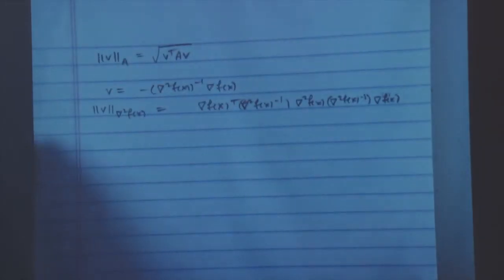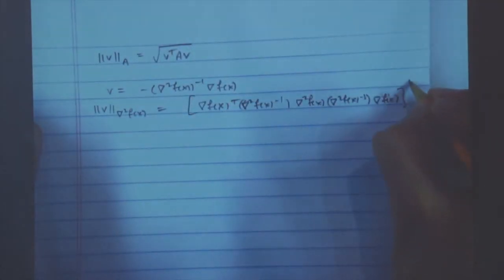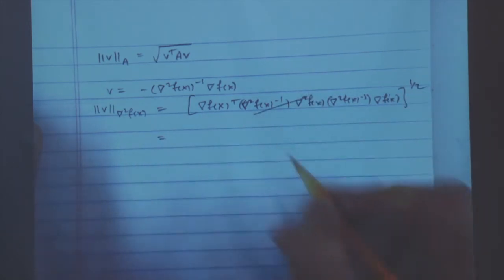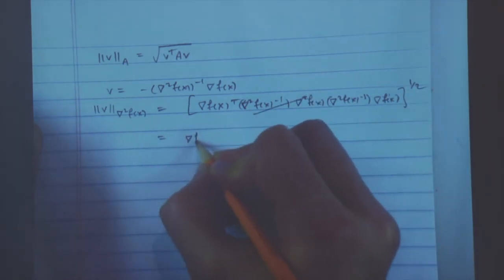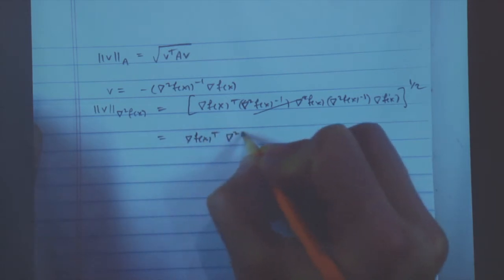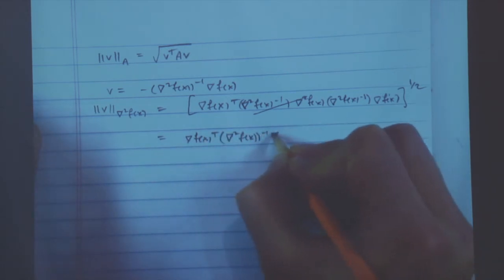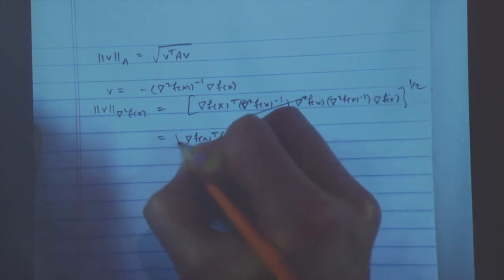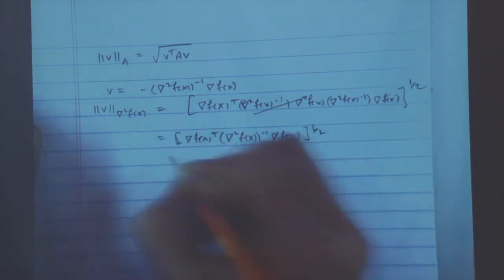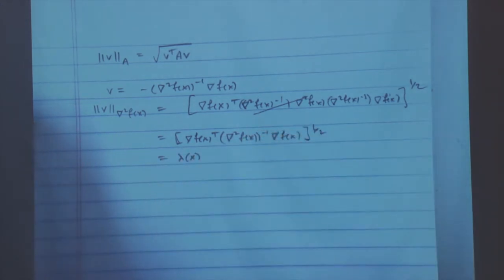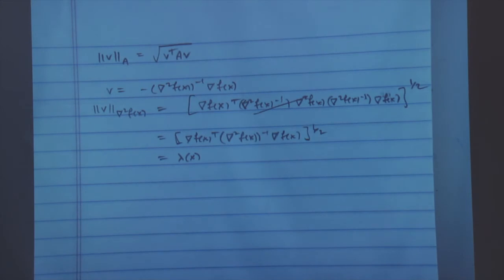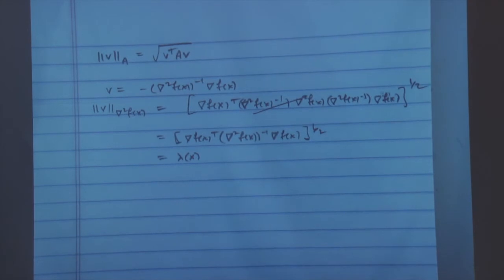This whole thing to the 1/2. And you can see that's just exactly equal to the square root of the gradient transpose the inverse Hessian times the gradient, which is the Newton decrement. So it's the length of the Newton step as measured by the norm and the Hessian. And that's relevant because, right, we said that the Newton update directions are taken with respect to that Hessian. So if we were to do a local steepest descent with respect to the Hessian, then the Newton decrement measures the length of the Newton step.